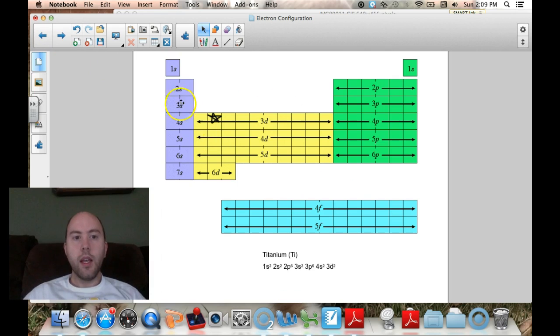The s's and the p's, whatever period you're in, that's going to be the exact same. So again, if you're in the 1st period, it's 1s's. If you're in the 3rd period, you have 3s's and 3p's. But once you get to the 4th period, the s's stay 4, but the d's are 1 less. So you say 3d whatever if you're in the 4th.